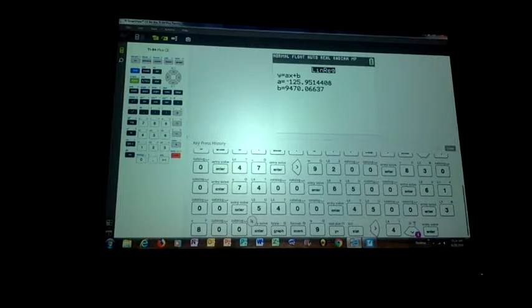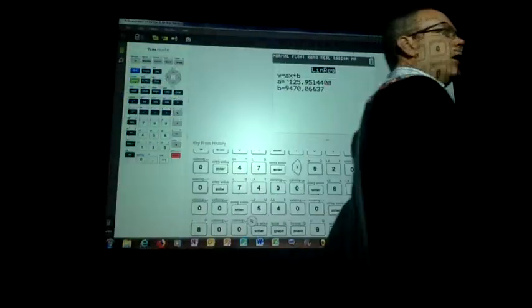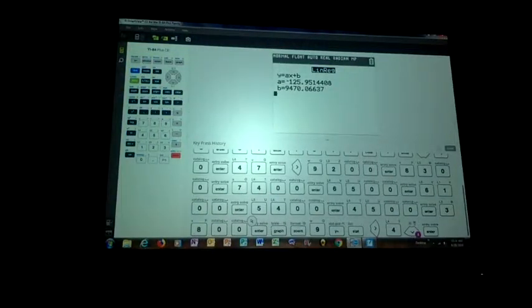What does the slope mean in the context of this problem? What am I doing every minute? I'm selling 126 tickets every minute.